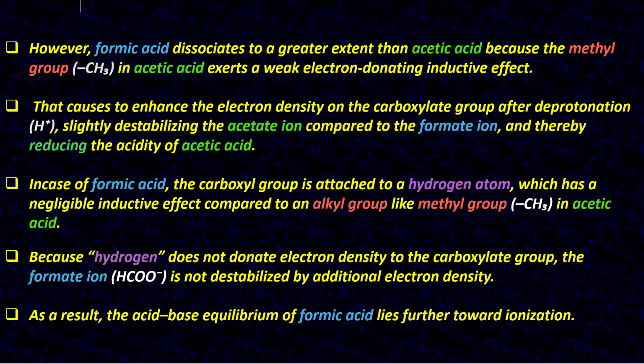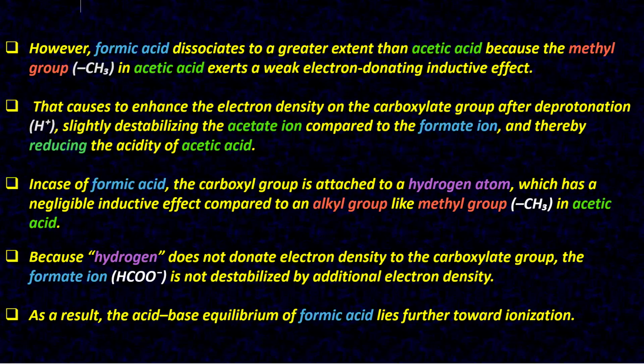In case of formic acid, the carboxyl group is attached to a hydrogen atom which has a negligible inductive effect compared to an alkyl group like the methyl group CH3 in acetic acid.